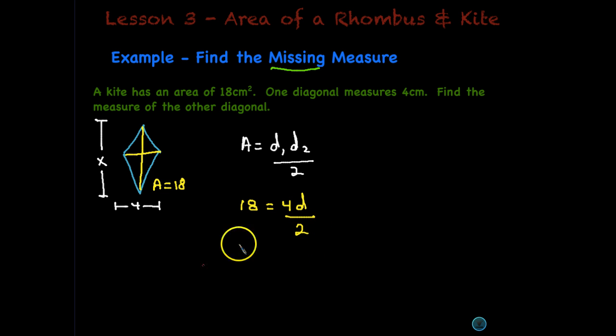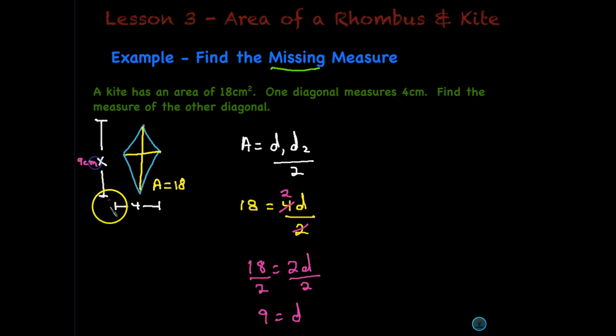Well, now we can simplify. 4 divided by 2 is just 2. So we're left with 18 equals 2D, and now you can see how to solve. We just use division to get 9. The other diagonal then would be 9 centimeters. So we could put that right in here, 9 centimeters.